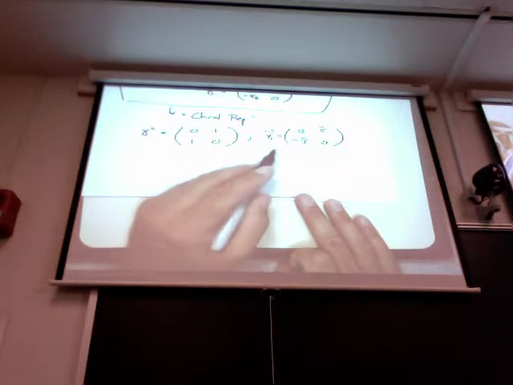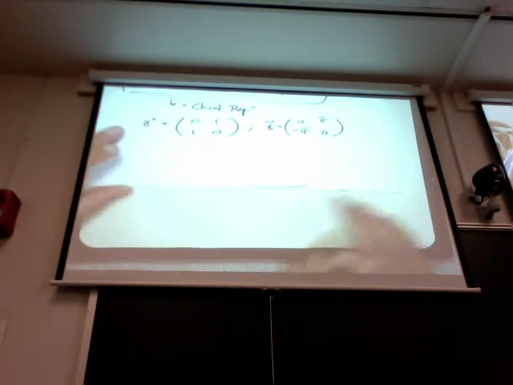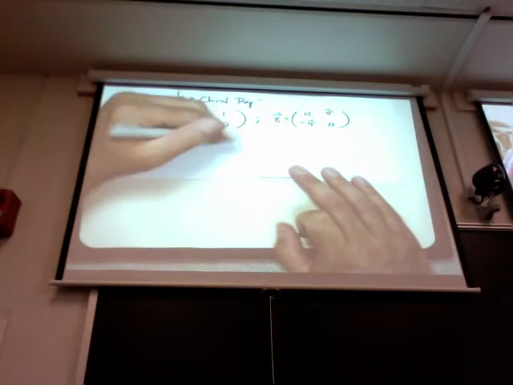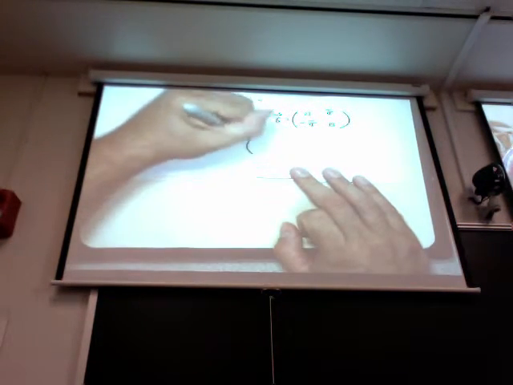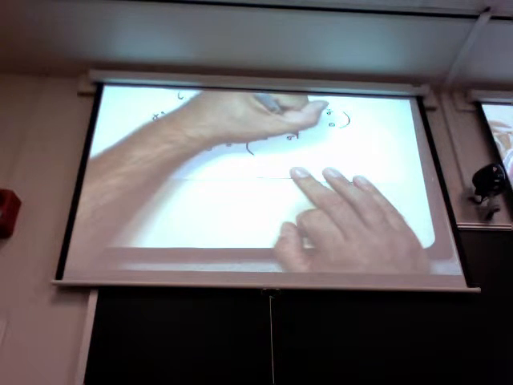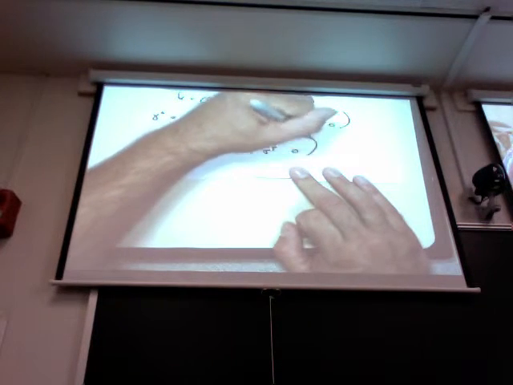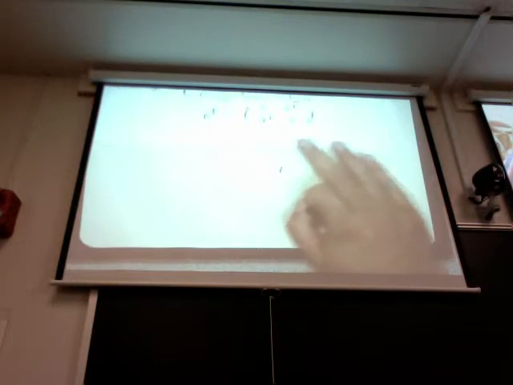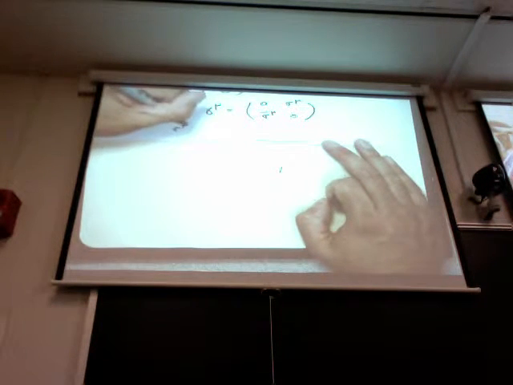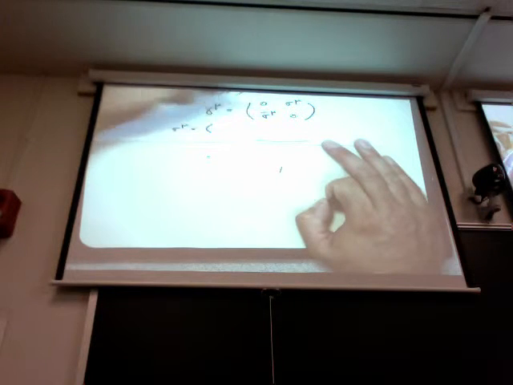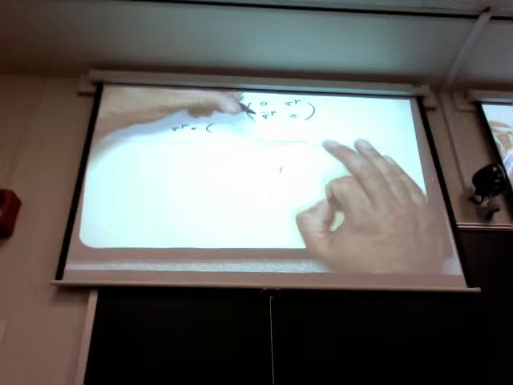And then I can rewrite this in terms of one gamma matrix. I can call this gamma mu, and it's going to look like this: 0, then sigma mu, then sigma bar mu, 0. What are these sigma mu and sigma bar mu? Sigma mu looks like a 4-vector, but it's a 4-vector made out of 2 by 2 matrices.